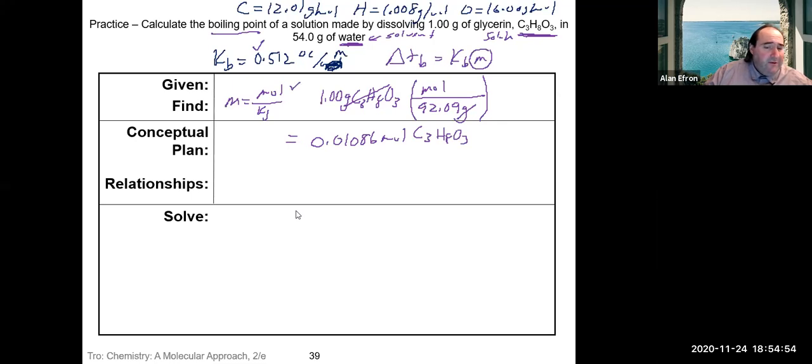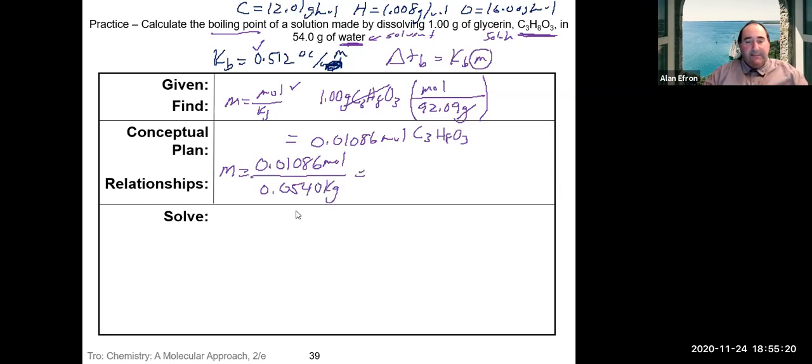Bottom part is kilograms of solvent. So we want to convert our grams of water into kilograms. We can move the decimal place 3 places to the left, and that's going to give us 0.054. So the molality here would be 0.01086 moles divided by 0.054 kilograms.